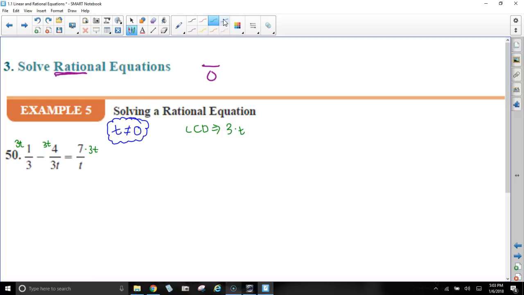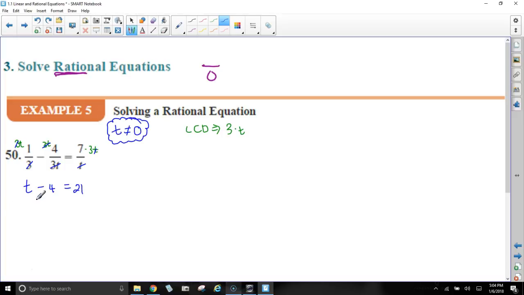Now comes the fun part. We get to start wiping out those common factors. Here, first, the 3's reduce, leaving us with just t times 1, or t for the first term. Here, the whole shebang of 3t reduces, just leaving us with minus 4, equals, here the t's reduce, leaving us with 21.